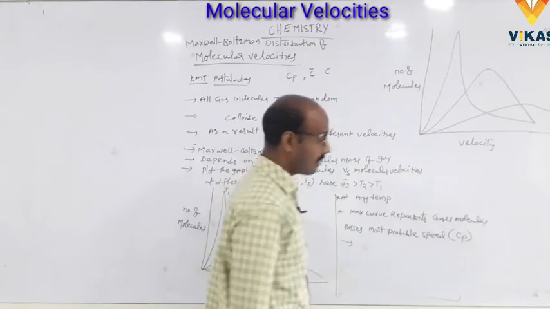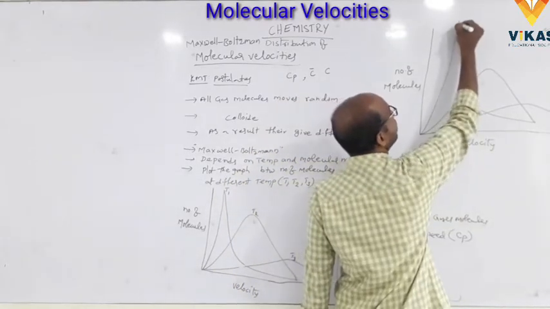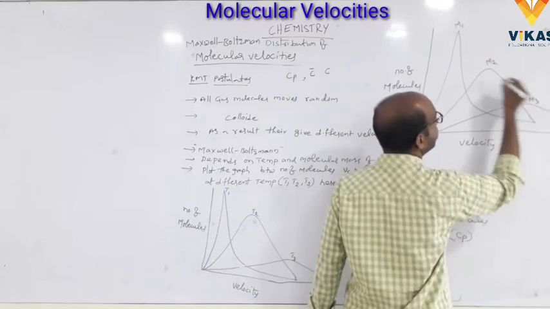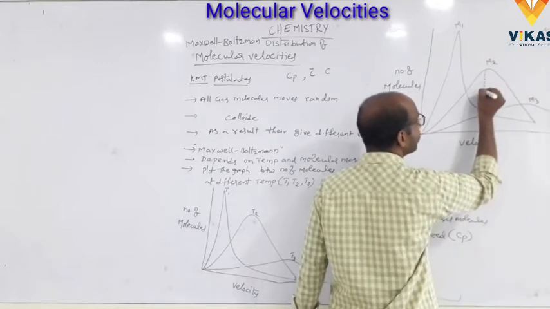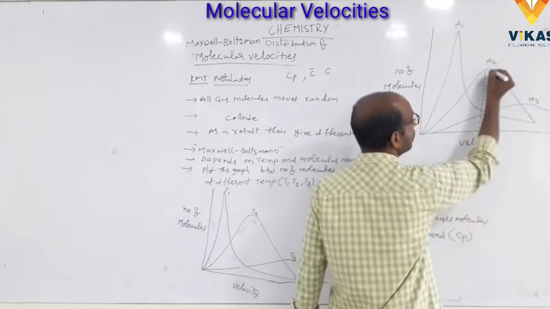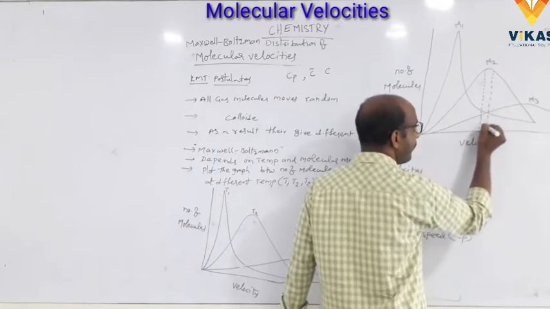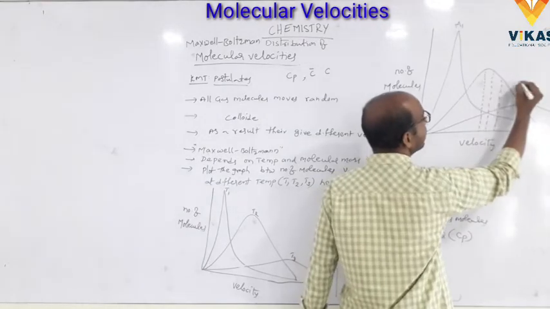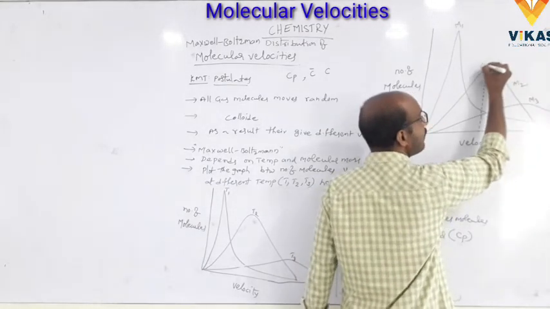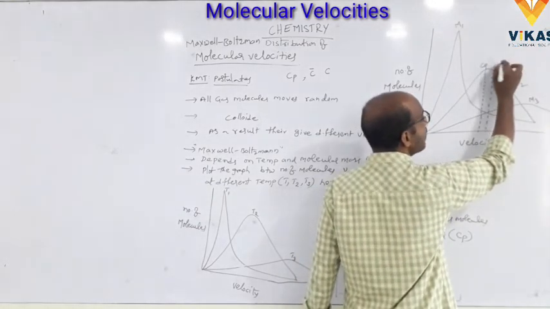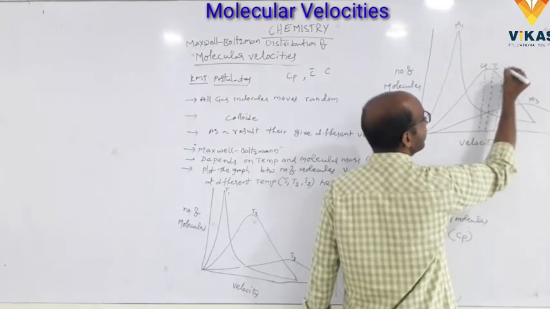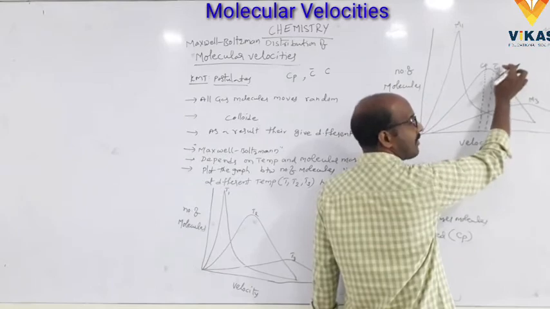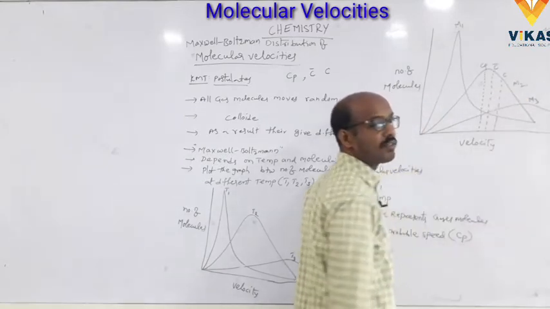Once again I will draw the graph. It is M1, M2, M3. It is CP, it is C bar, and it is C. It is the most probable speed, it is the average velocity, it is the RMS velocity.